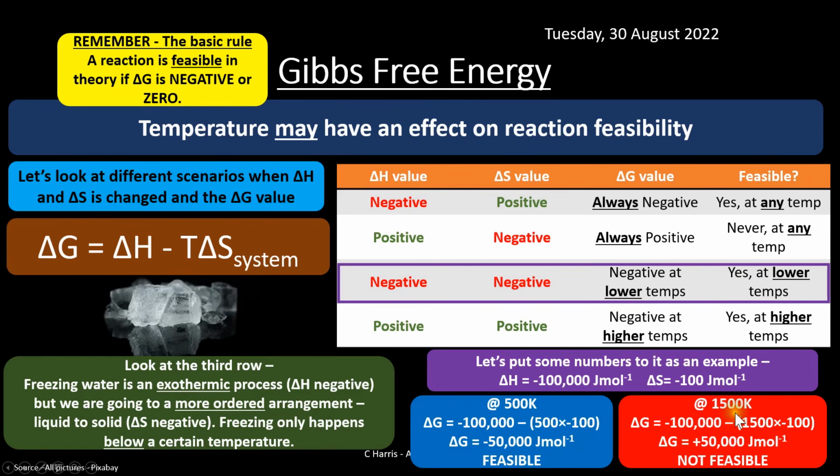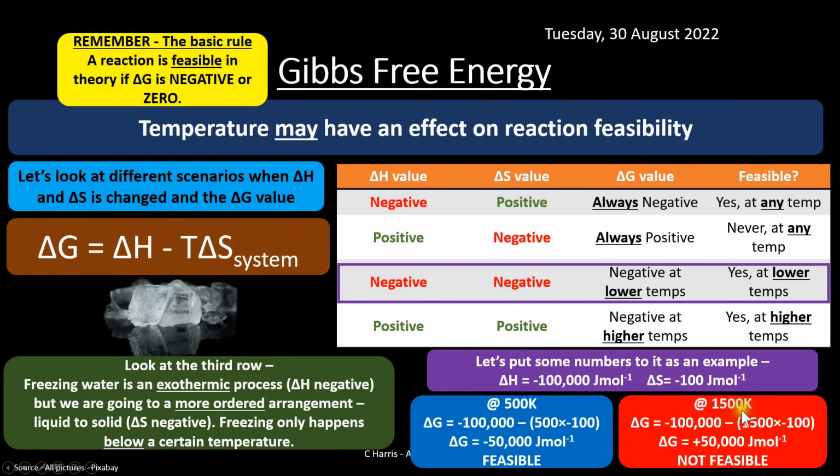Let's say we had a temperature that was too high. Now this is not linking it to water in particular, because obviously I know that the point at which water freezes is 273, so 0 degrees Celsius. But this example just shows you how we can work them out.